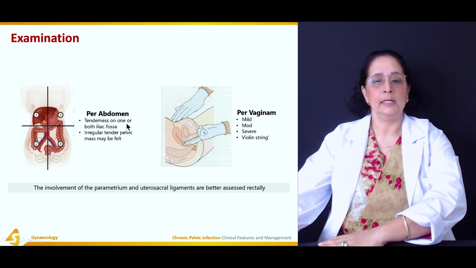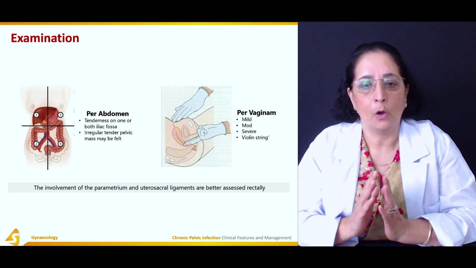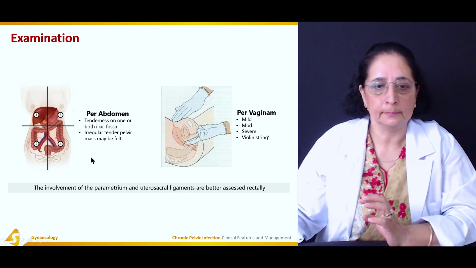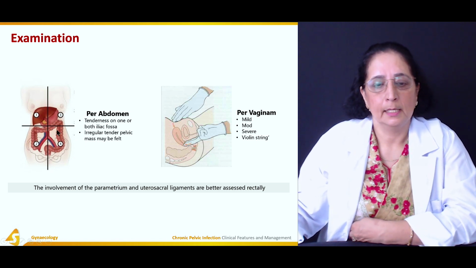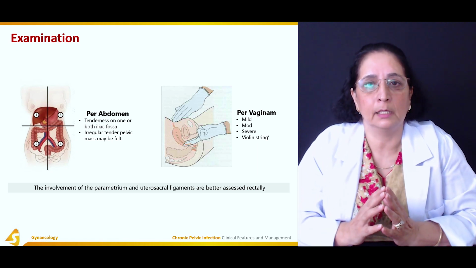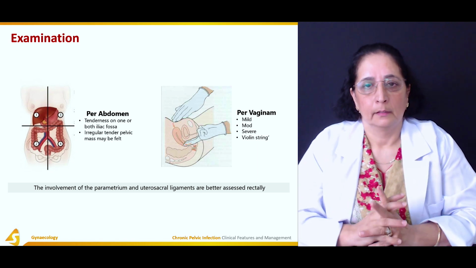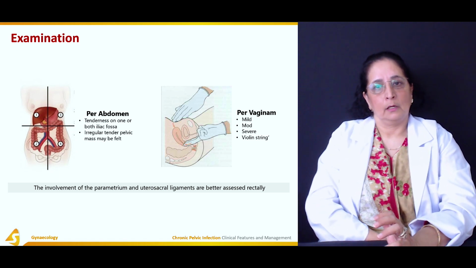And on abdominal examination, usually there is tenderness in one or both iliac fossae, right and left, and there might be a mass felt on the abdominal examination. The right iliac fossa is on the right side, the left iliac fossa on the left.